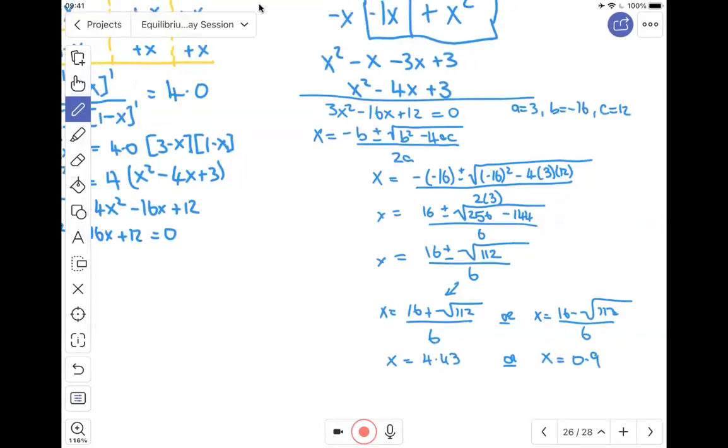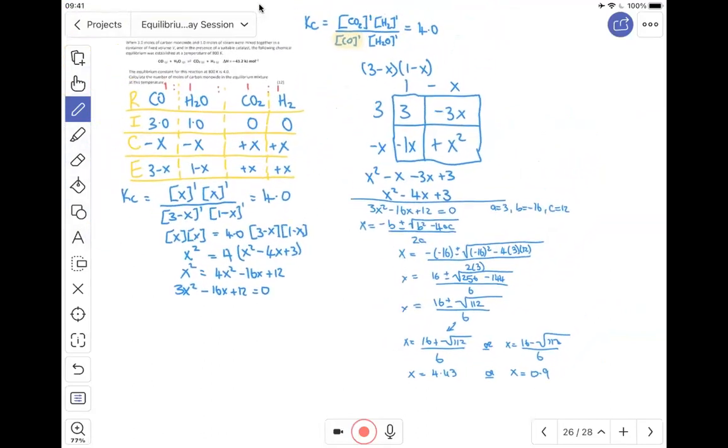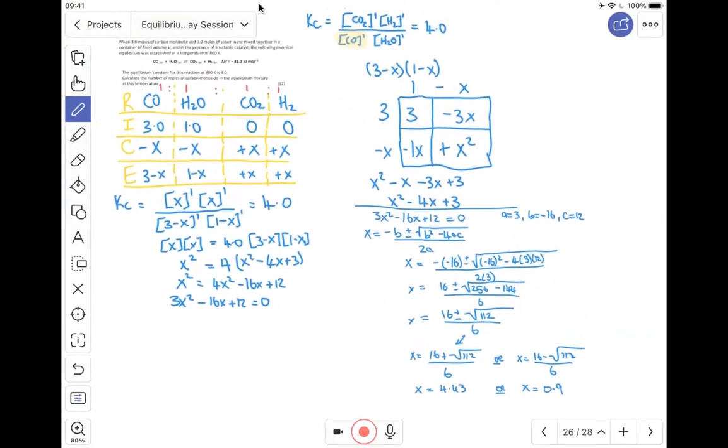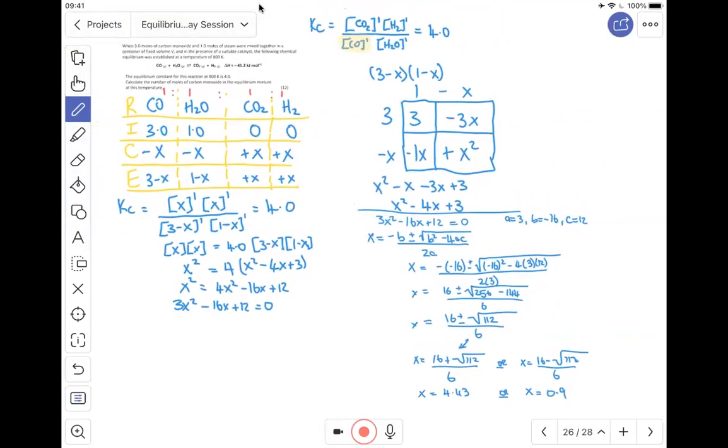Now, if I zoom back out into our question, I can see that the largest initial concentration of my reactants was 3. So x cannot be 4.43, because if we put x in here, you would have 3 take away 4.43, and that would give you a negative concentration of your carbon monoxide, which is physically impossible. So your x value has to be 0.9.